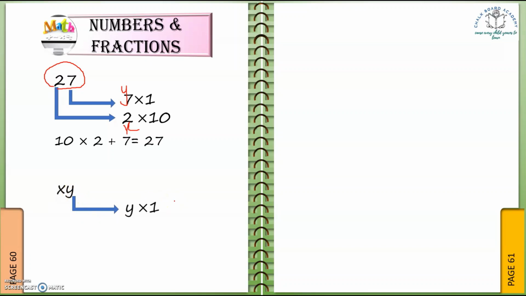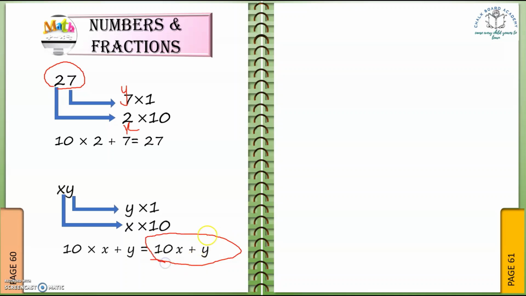So y is at unit place, so y multiplied by 1, x is at tens place, so x is multiplied by 10. Therefore the number becomes 10x plus y. So we will be using this equation every time we are given a number, and then we are supposed to reverse that number and use the relation between those numbers to find out the digits here. So we will first find out the digits to find out the number.